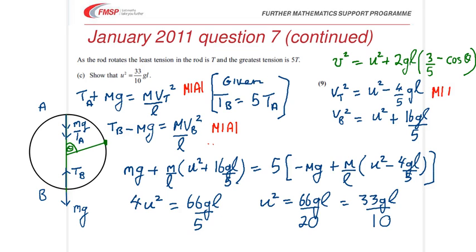It's basically M1 A1, M1 A1, A1. Those method and accuracy marks are not just for putting theta in and finding v, but for substituting the v squared into the tension expressions and getting this. So those method marks were the whole of this bit.